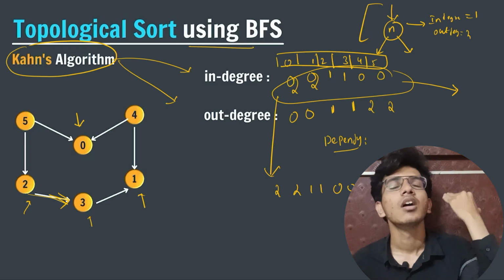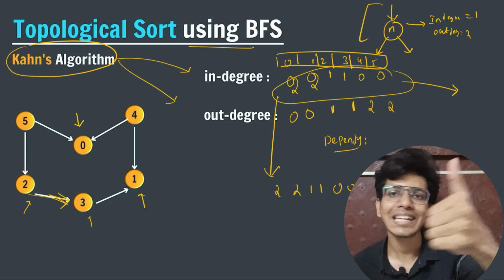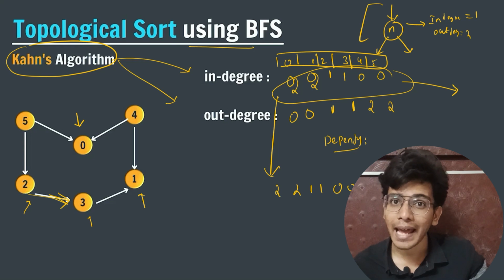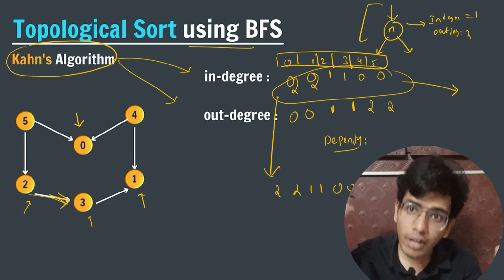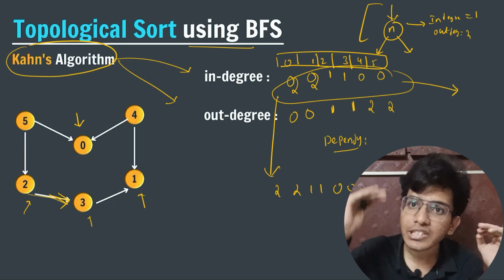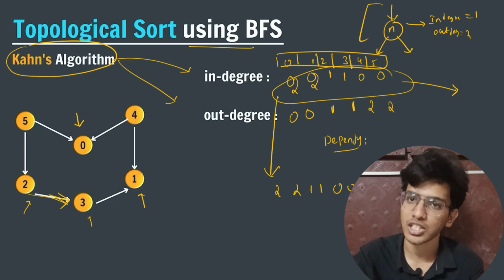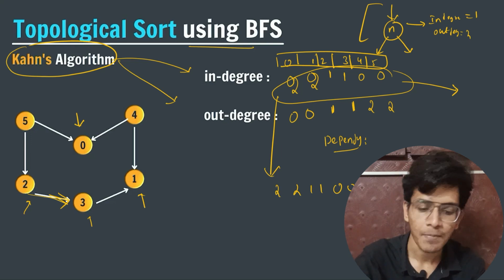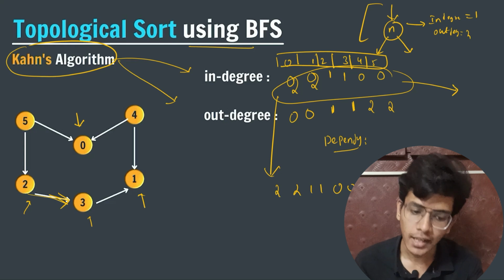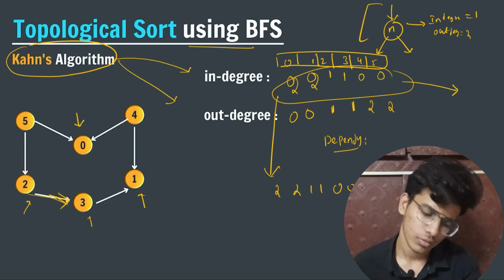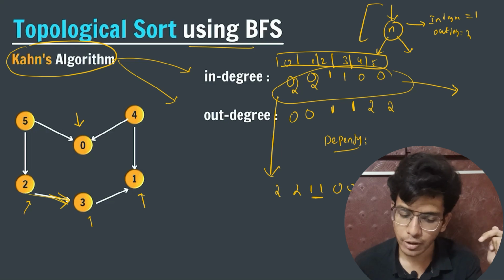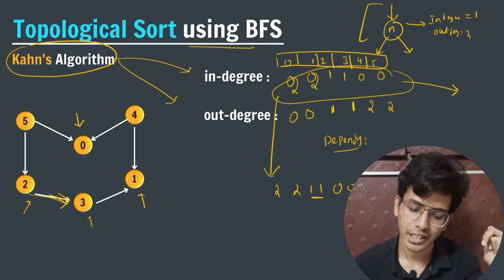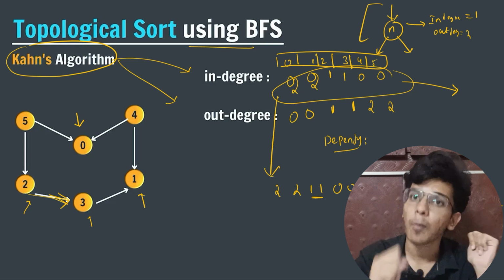But the logic is: first of all I will calculate the in degree of each and every node in my DAG, and after calculating the in degree, I will print the elements which have the least in degree first. After it I will print the next elements which have somewhat higher in degree. So first I will print 5, 4, after that 3, because 3 and 2 have the same in degree. So 3, 2, after it 1, 0. This will become my topological sort.